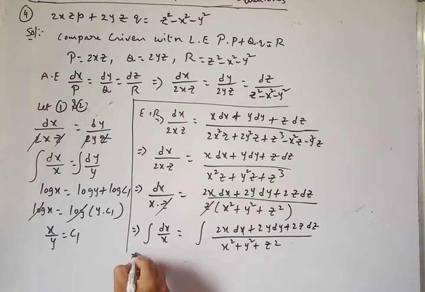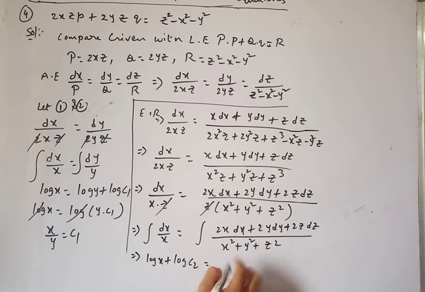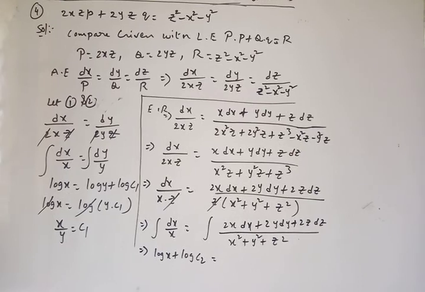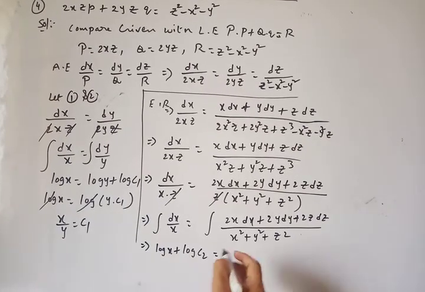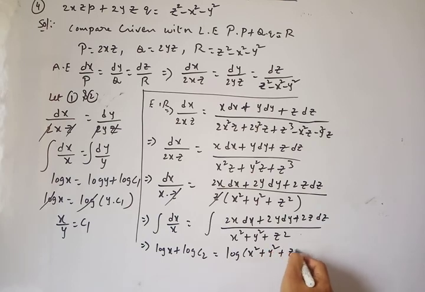The integration of 1 by x is log x. Take the constant over here itself, log c2. So this is f of x and this is f dash of x. The differentiation of x square is 2x dx, y square is 2y dy, and z square is 2z dz. So it is in the form of the integration of f dash of x by f of x, which is log f of x. So log of x square plus y square plus z square, right?